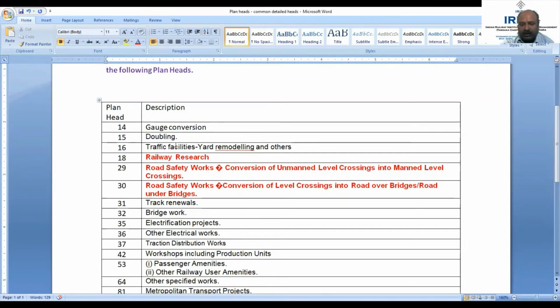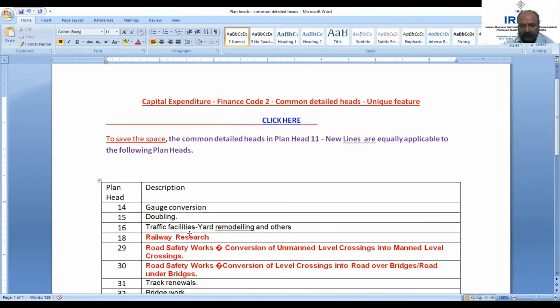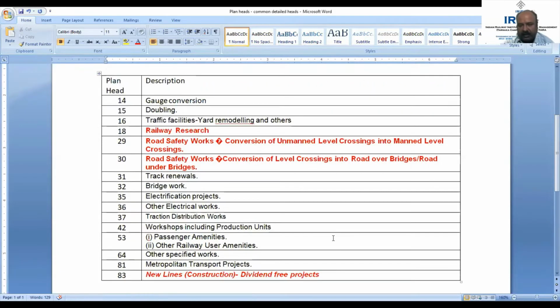So if you want to check any activity under 14 gauge conversion, any detailed activity, we have to go to this plan head 11. This is 14 gauge conversion, 15 doubling, all railway research, we'll check.